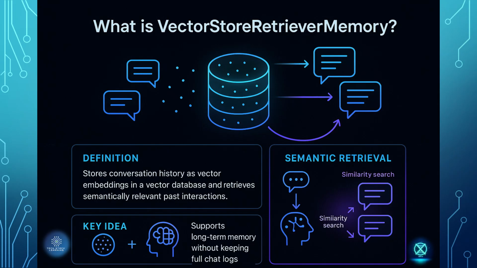Now let's see what vector store retrieval memory is. Basically, it's a memory that stores the conversation history as vector embeddings in a vector database and retrieves semantically relevant past interactions based on the user input. This enables long-term memory that scales well without preserving entire long chat history, full chat logs.